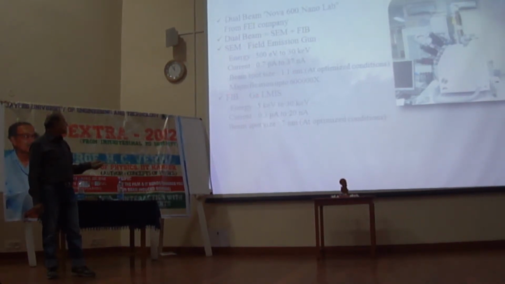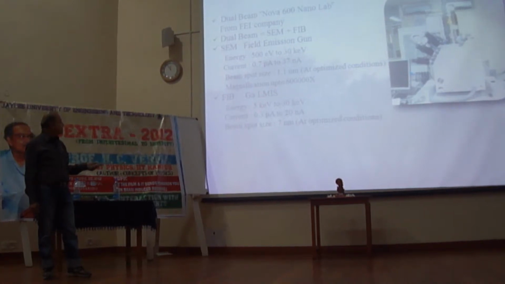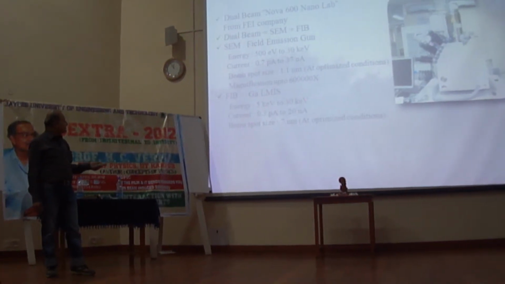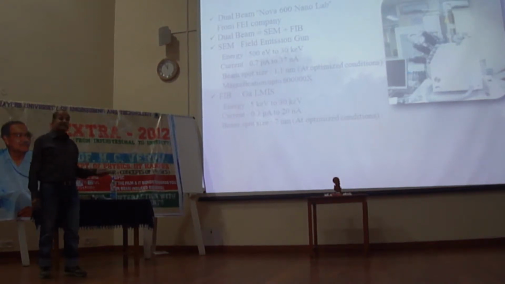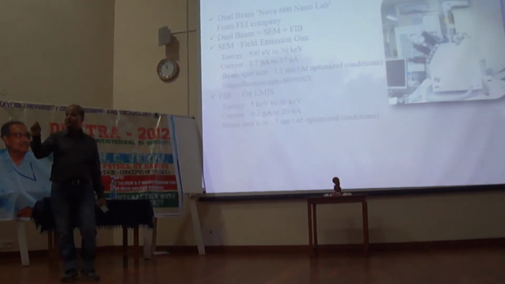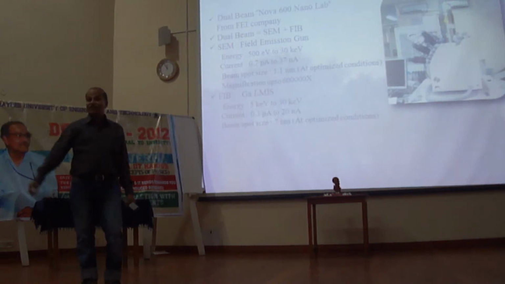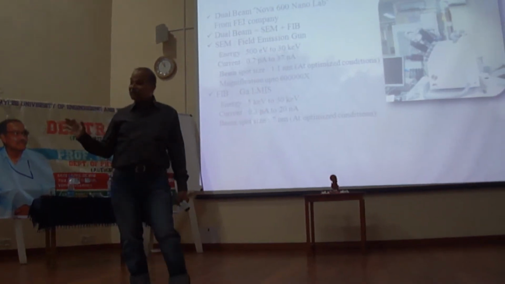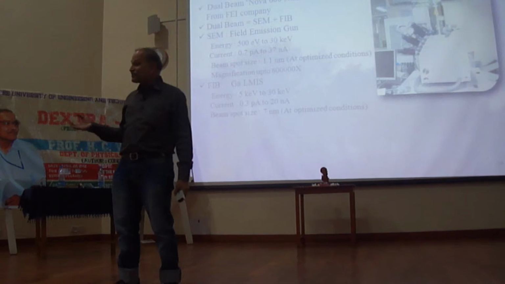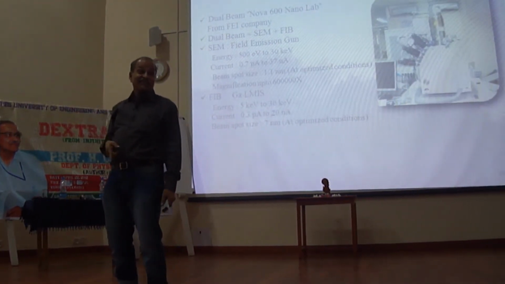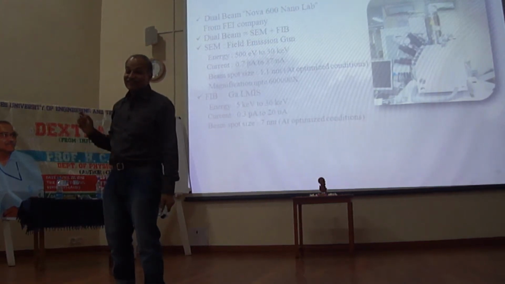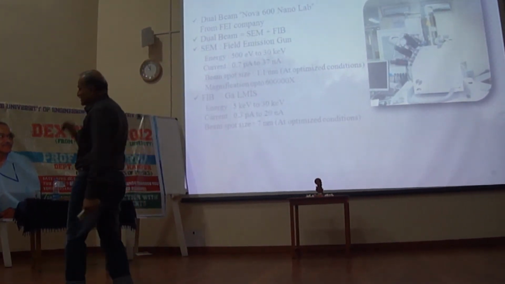This is FIB, gallium liquid metal ion source, 5 keV to 30 keV. This is the current, and beam spot size is 7 nanometer in optimized conditions. Terms apply. You don't get 7 nanometer, but you cannot sue the company that you are not getting 7 nanometer, because the terms apply in the optimum conditions.